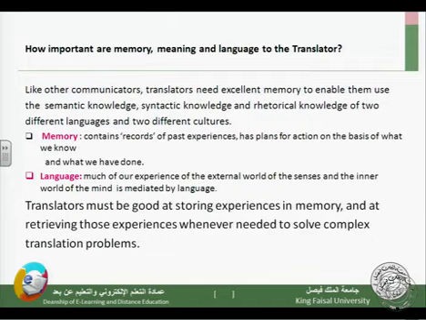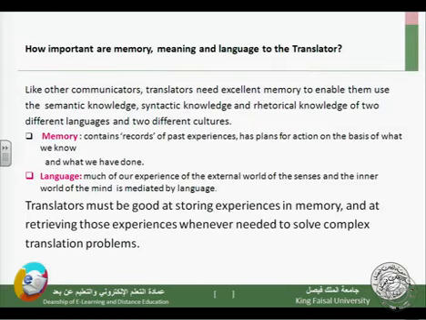The same, a translator needs, but more probably than a monolingual, a translator needs excellent memory to enable them to use the semantic knowledge and the syntactic knowledge and the rhetorical knowledge of two different languages and two different cultures. Now, as a translator, you need a very powerful memory.